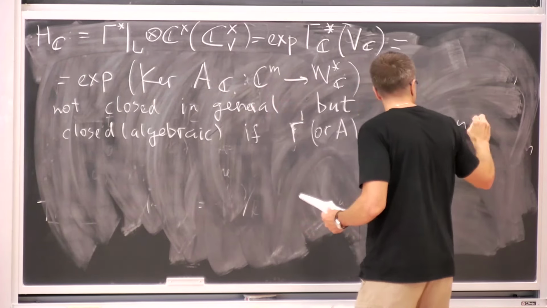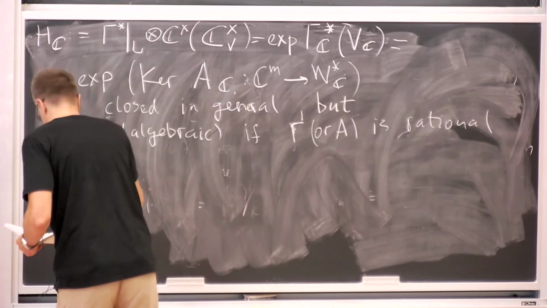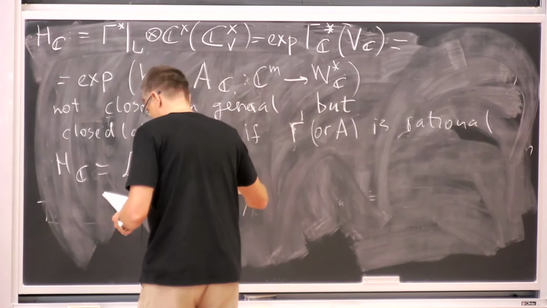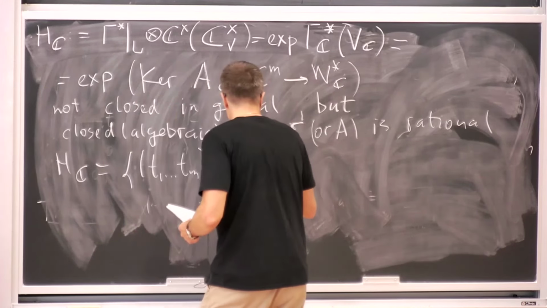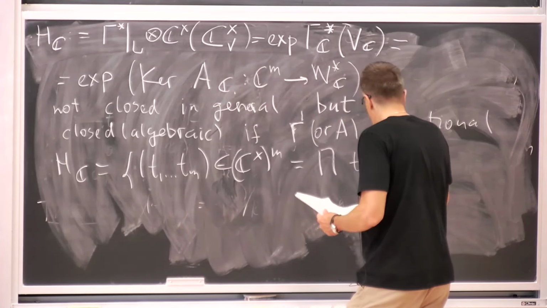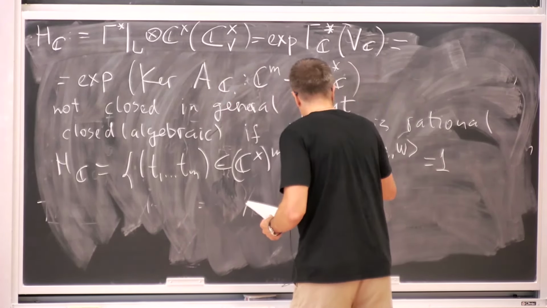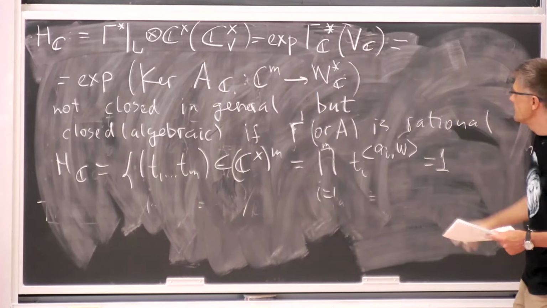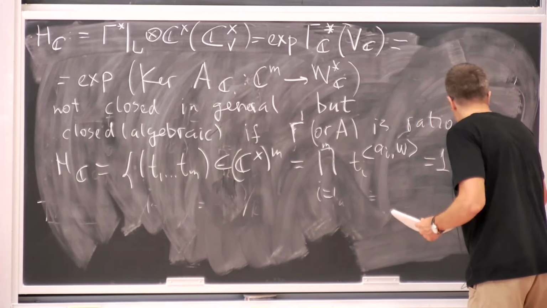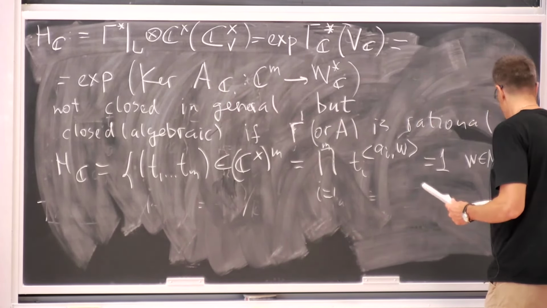Then we can write it down as follows, like we did with the real and holomorphic subgroups, as the product of t_i to the power a_i(w) equals 1. That's the kernel of this map, using that Gale dual sequence where w is in the Gale dual lattice.